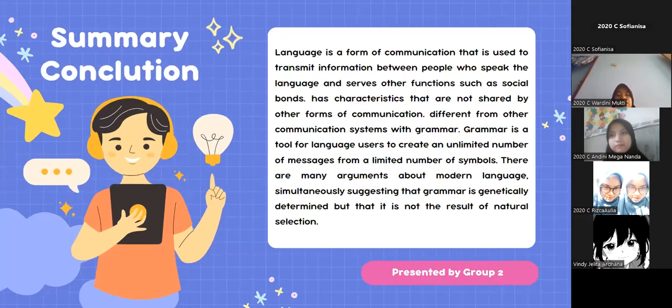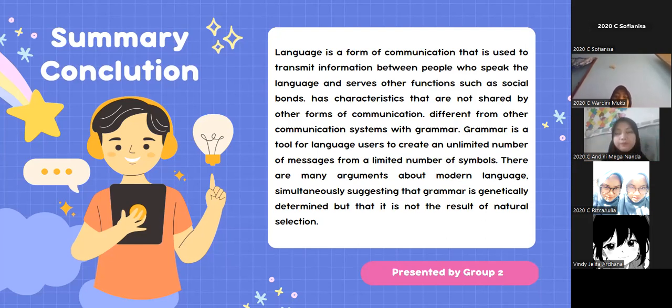So the last is about summary and conclusion. So we conclude from this material that language is a form of communication that is used to transmit information between people who speak the language and serves other functions, such as social bonds. It has characteristics that are not shared by other forms of communication, and language differs from other communication systems with grammar.